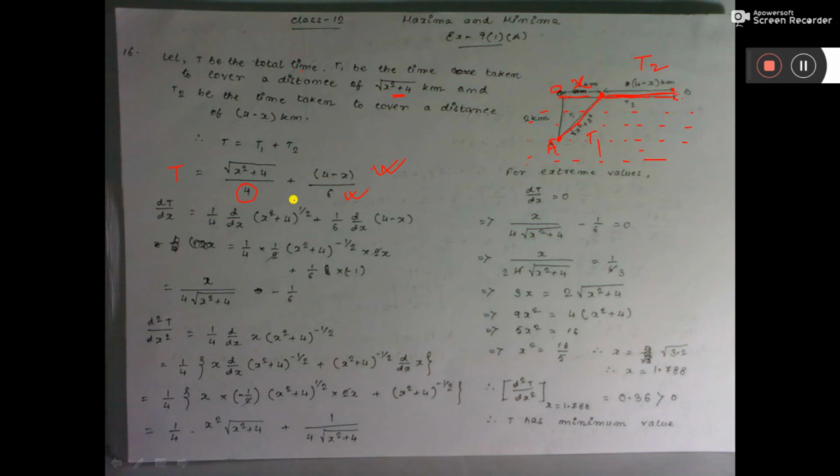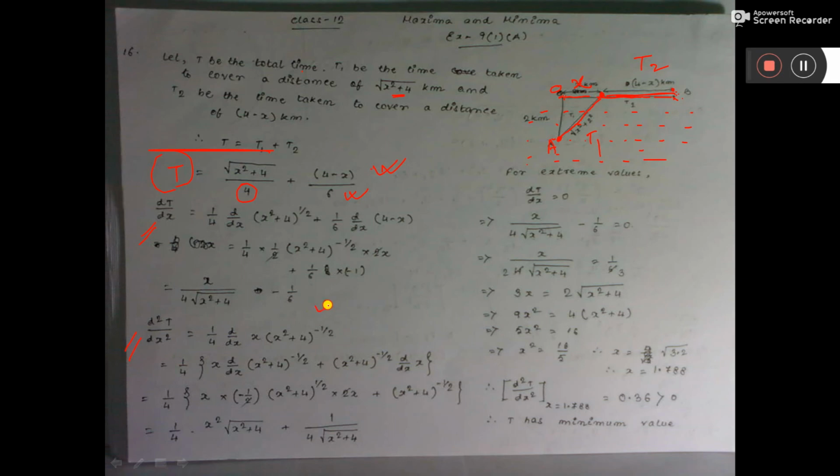So we have got one function of time where the variable is only x. And we have to find this time least. Now, to find the least value of t, we have to differentiate this t two times with respect to x, first with x, again with x.